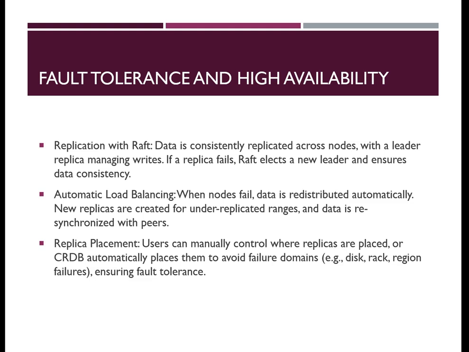Replica placement: you can manually control where replicas are placed, defining in which region the replicas have to be, or automatic replication is available in CockroachDB to handle failures of fault domains like regions. To overcome that, it maintains automatic replica placement.